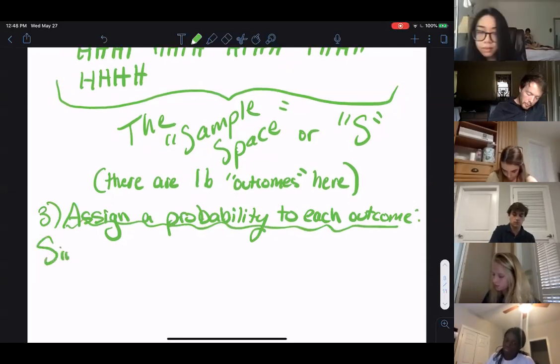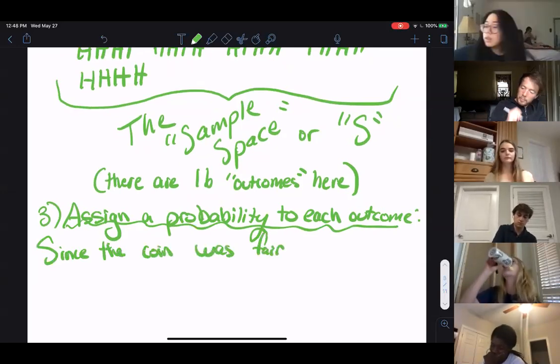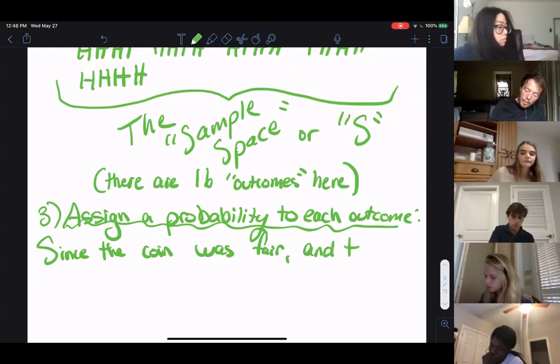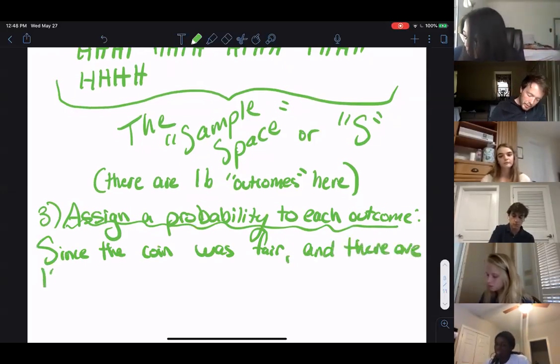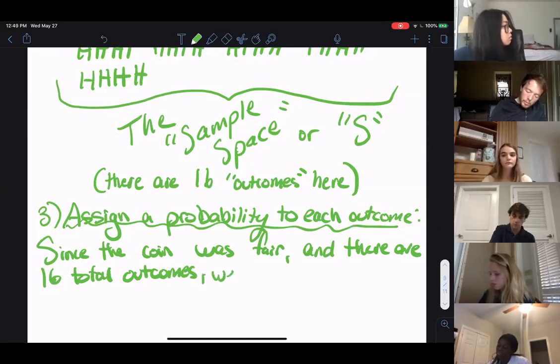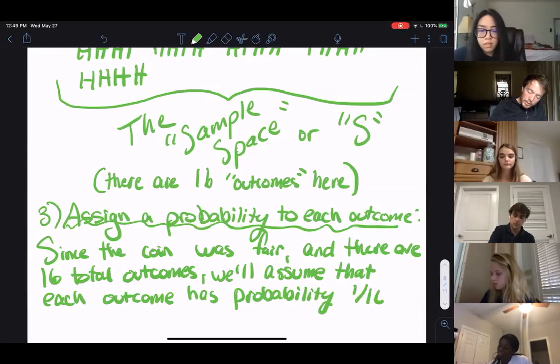So, since the coin was fair, and there are 16 total outcomes, we'll assume that each outcome has probability 1/16.